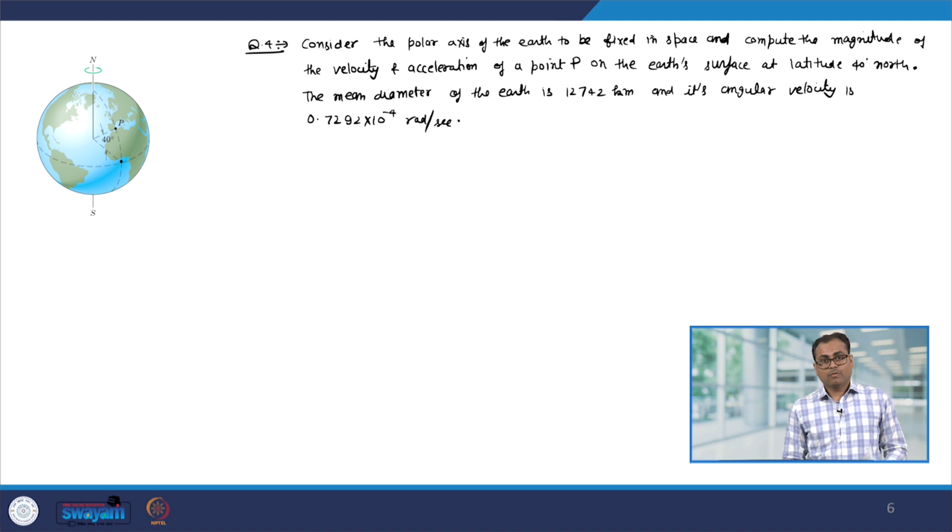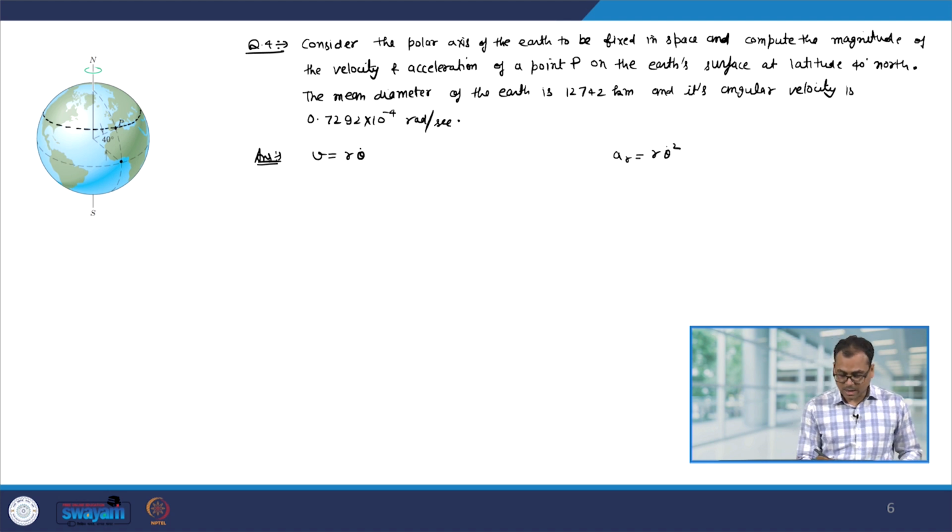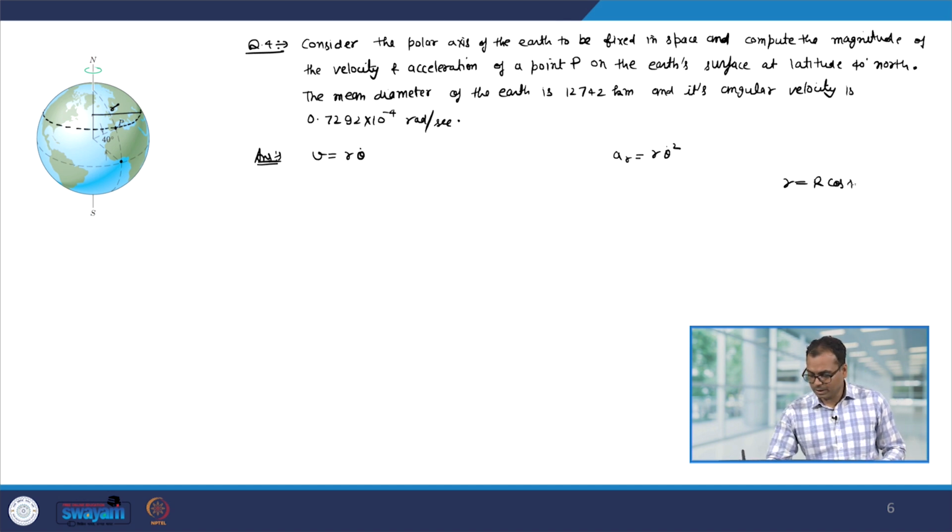So in this problem, first of all you have to realize that point P is making a motion in a circle, and for circular motion we have velocity v equal to r theta dot and acceleration a_r equal to r theta dot square, wherein this r is the radius of the circle, and from the geometry you can see that small r is capital R cos 40 degree.